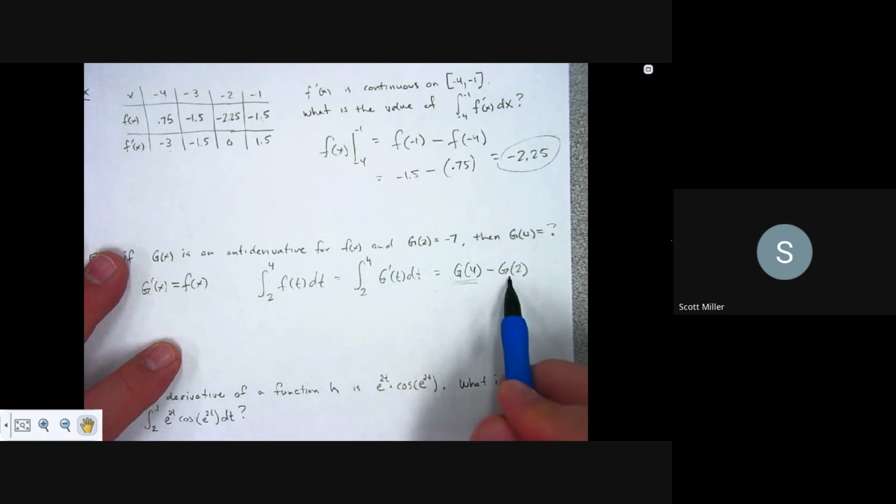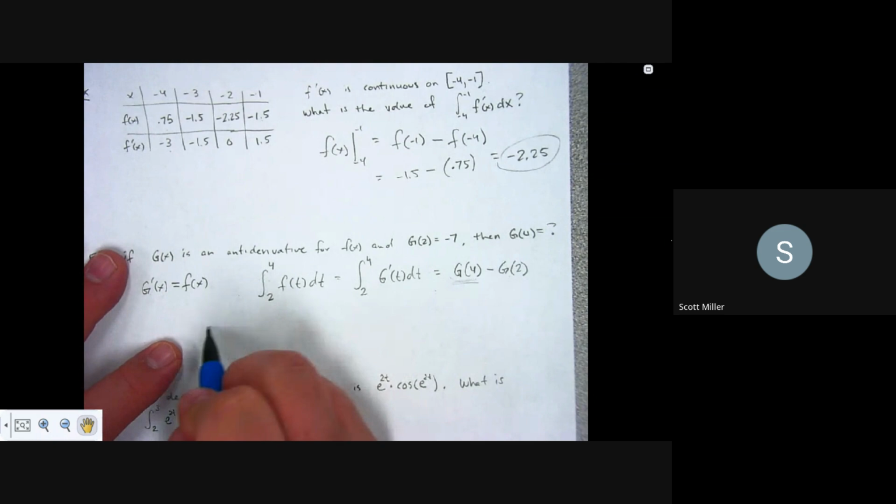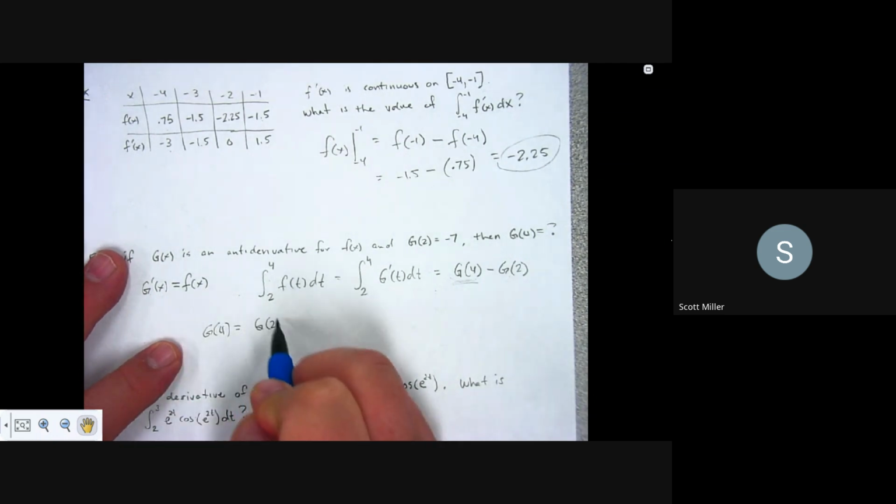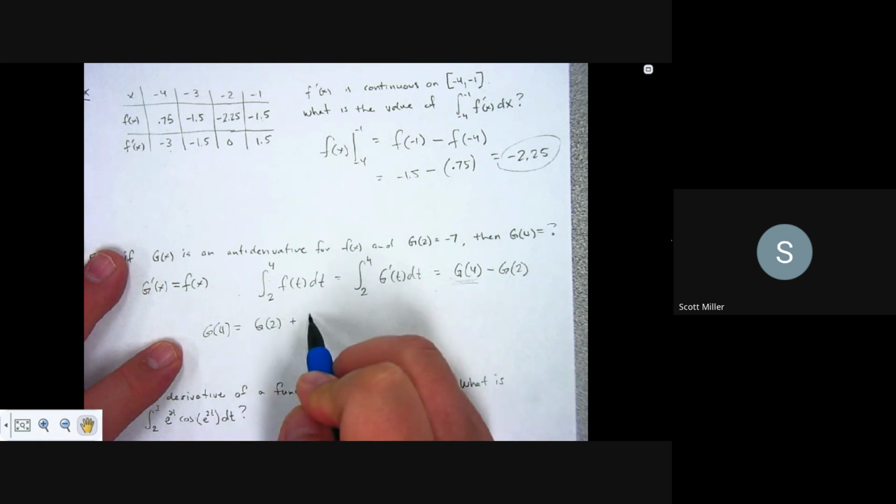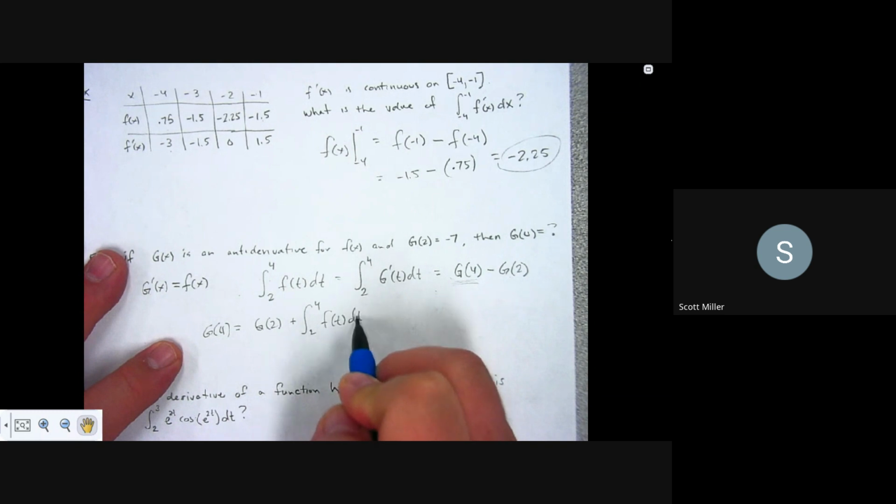If I add this quantity to this over here, I get g of 4 is equal to g of 2 plus the integration from 2 to 4 of f of t dt.